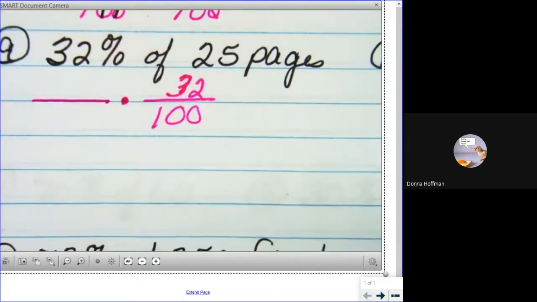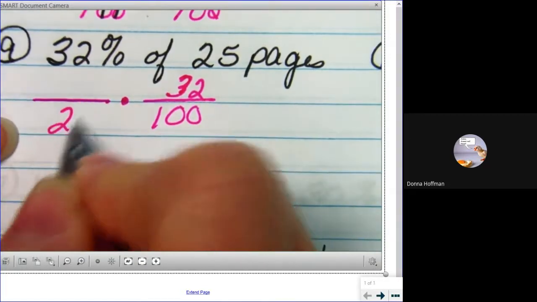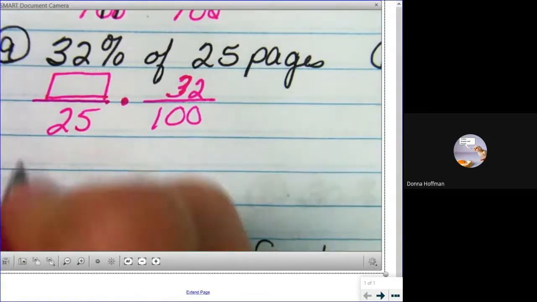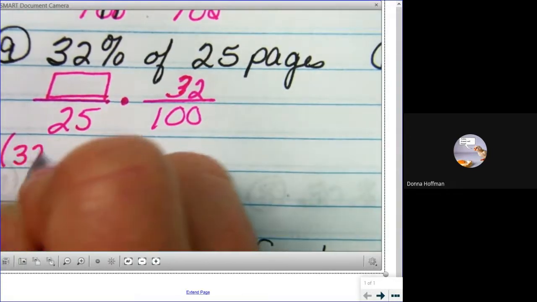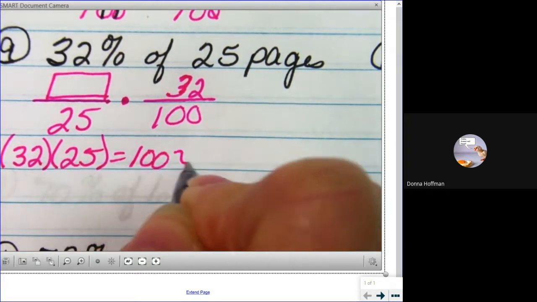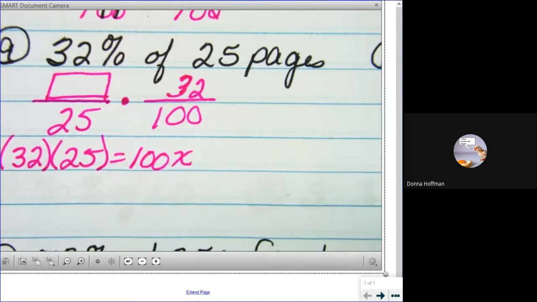I almost followed right along with what you said. 25 goes down here. Now I'm going to cross multiply. And I don't know what that is. I have to work some multiplication on the side.